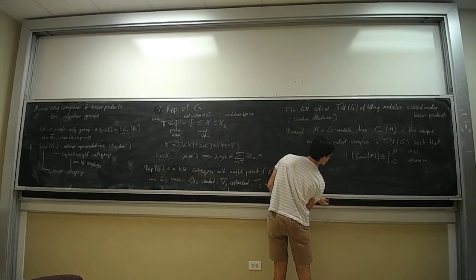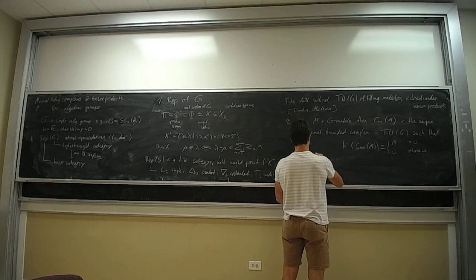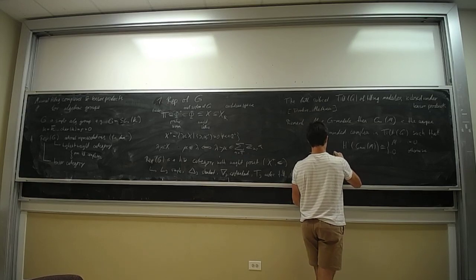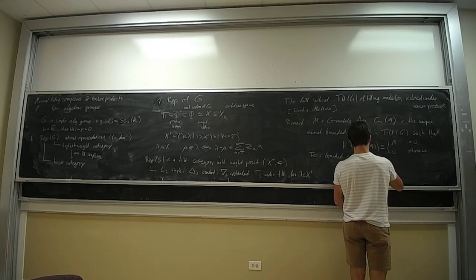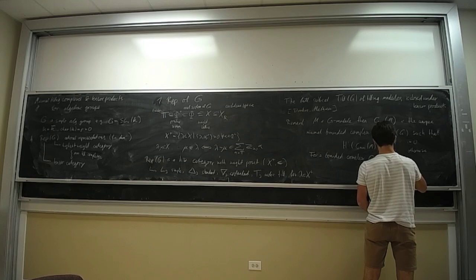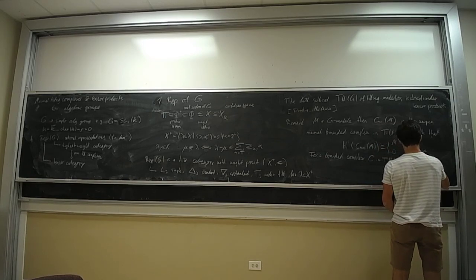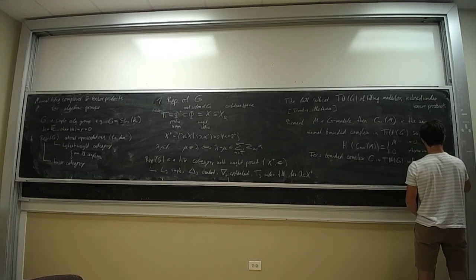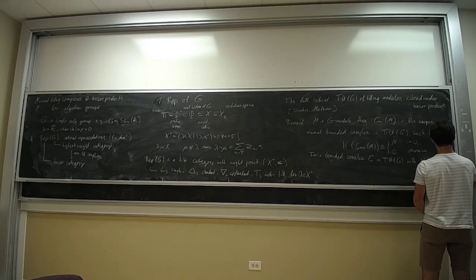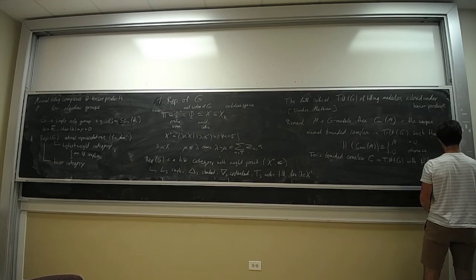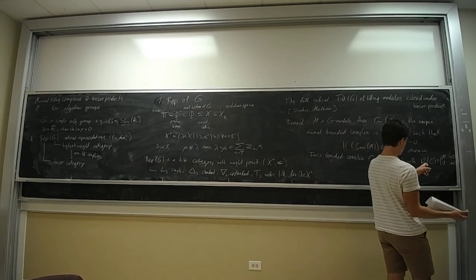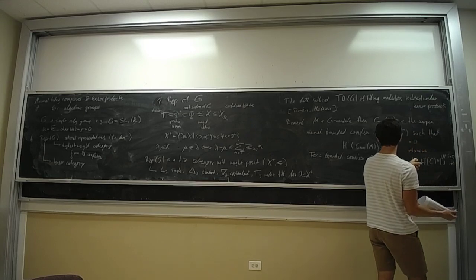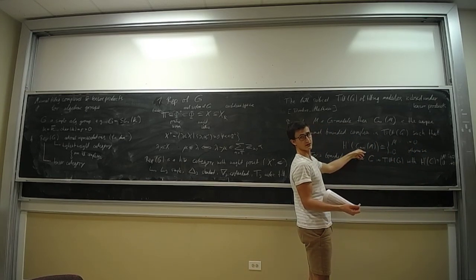But there's a nice additional effect: if you take a bounded complex C of tilting objects which satisfies the same cohomology condition, so H i of C is isomorphic to M for i equal to 0 and 0 if i is not equal to 0, then as I've just explained, that means that the complex C belongs to the same homotopy class as the minimal tilting complex.